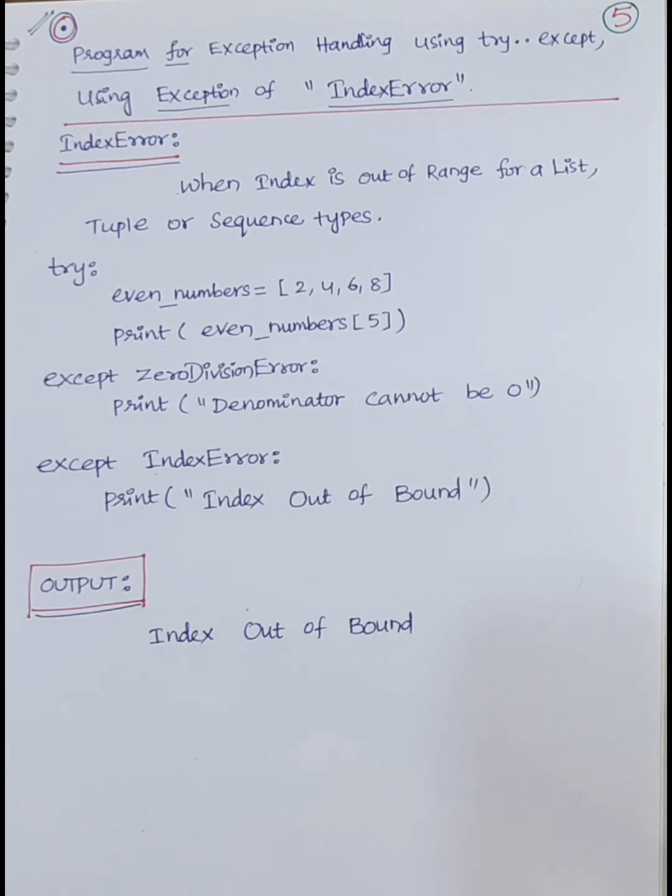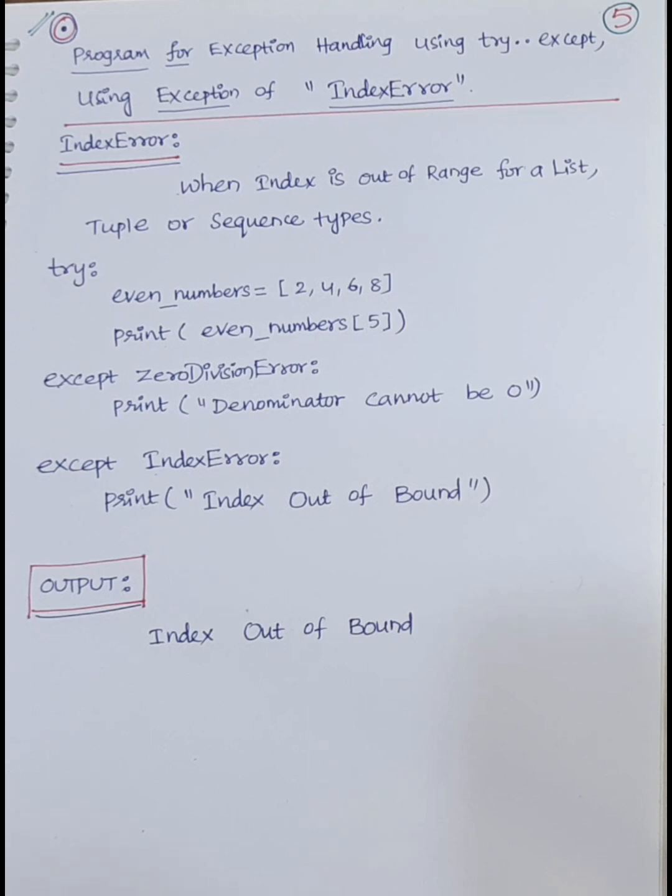You see here, even_numbers is 2, 4, 6, 8. It is a list. A list is enclosed in square brackets. 2, 4, 6, 8 are the elements of the list even_numbers. So here I am going to display my list in the print output statement, in the print function, even_numbers[5].